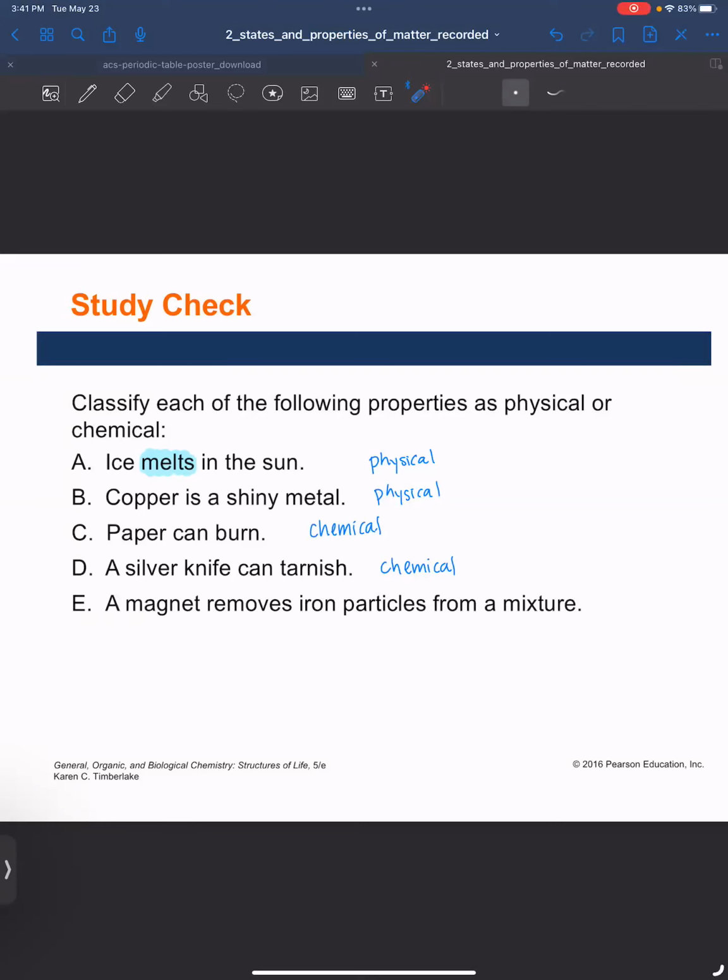A magnet removes iron particles from a mixture. That's a physical property or physical change there. We're not changing the identity of the iron nor the magnet. We're just using the magnet to remove iron particles from a mixture. So that's physical.